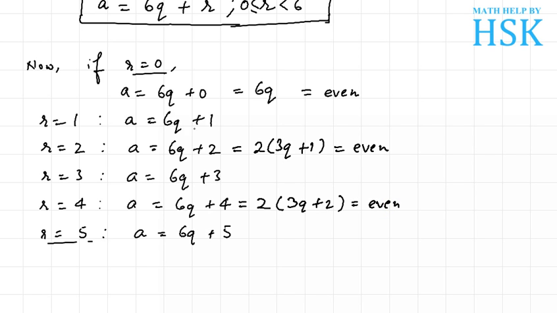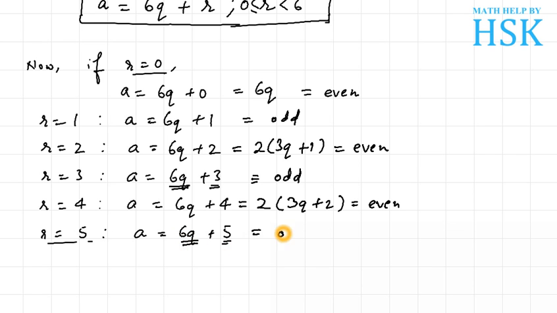Okay. Then when r is equal to 1, a is equal to 6q plus 1. So clearly it is an odd number. Similarly, 6q plus 3: 6q is an even number, 3 is an odd number. So this will be an odd number. And similarly, when r is equal to 5, 6q is even, 5 is odd.